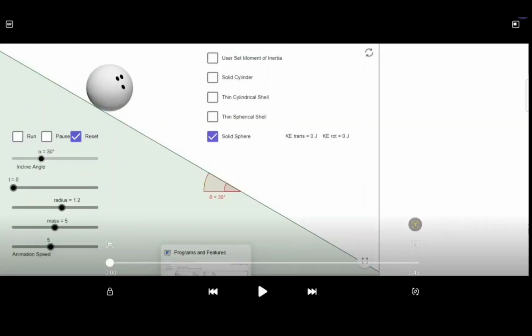Let's consider this situation. We have a solid sphere rotating on an inclined surface but not slipping. In this case here, we would like to calculate the translational kinetic energy and rotational kinetic energy at the bottom. Let's assume we have here a point P on the outer surface of the sphere.